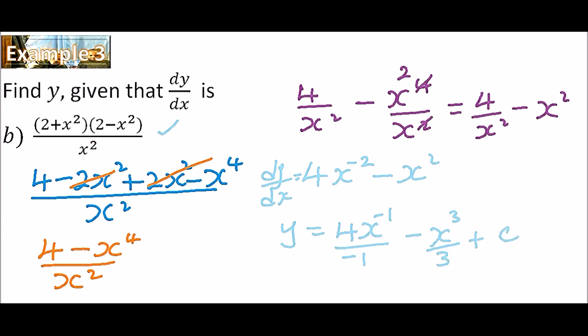And therefore our function that we'll get after integrating is y is equals to minus 4x to power minus 1 minus x cubed divided by 3 plus the arbitrary constant. So that is how you get the function when given dy over dx is that.